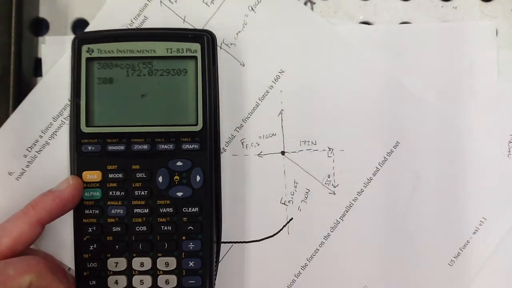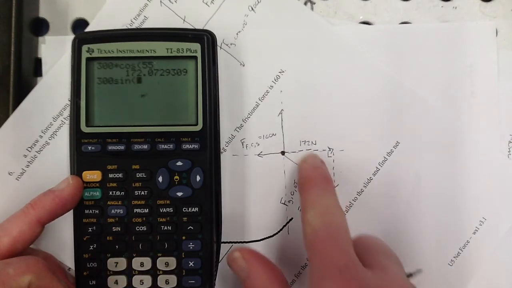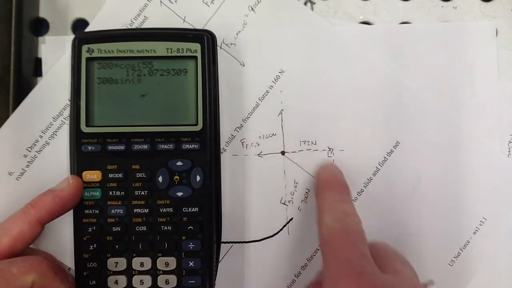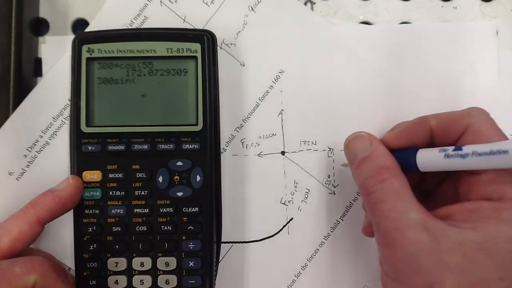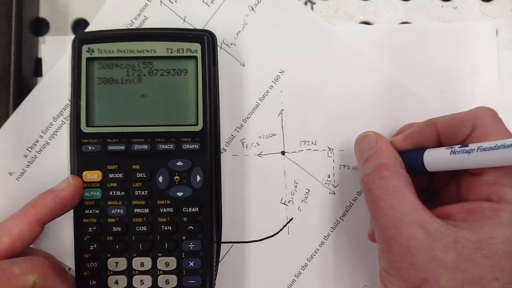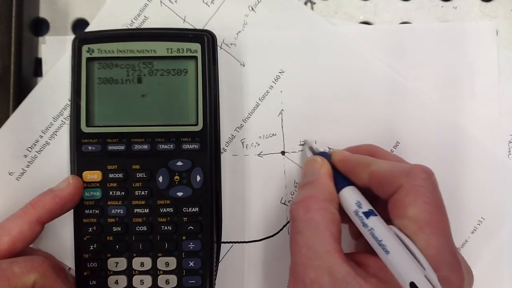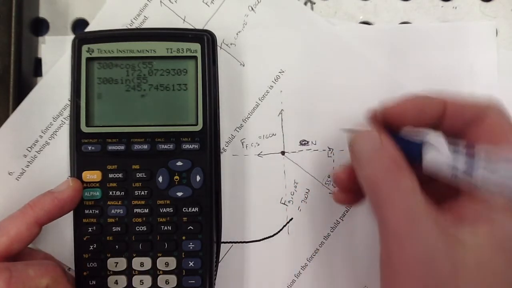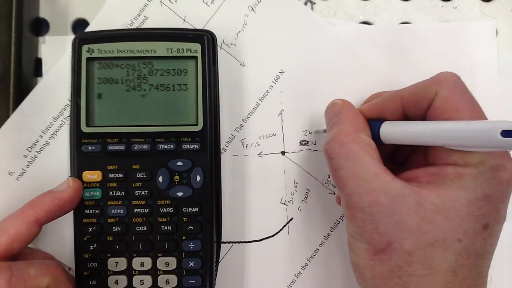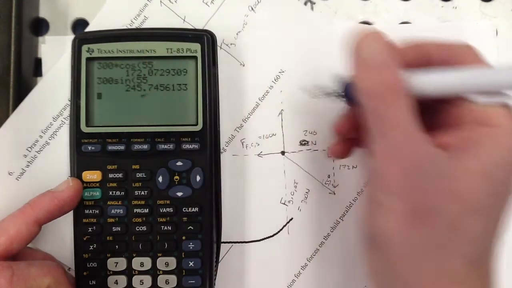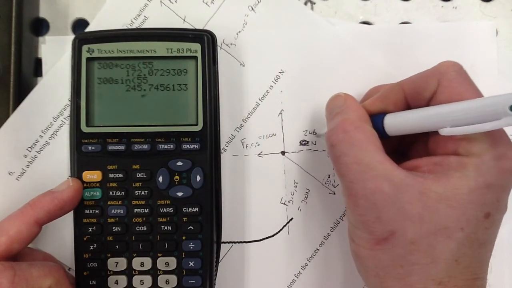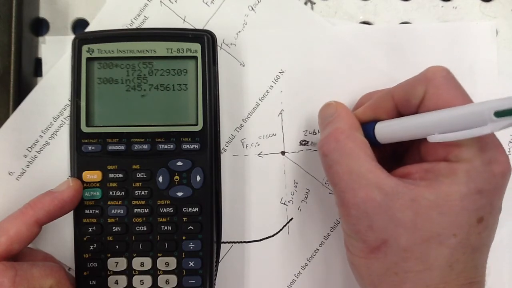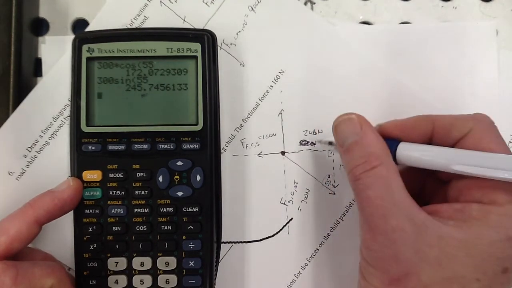And then 300 times the sine. Oh, sorry, I messed that up, didn't I? Cosine's the adjacent one. This is the 172. And this is going to be 245, 246, let's say, if we round to the nearest newton. 246 newtons. That's that and that.